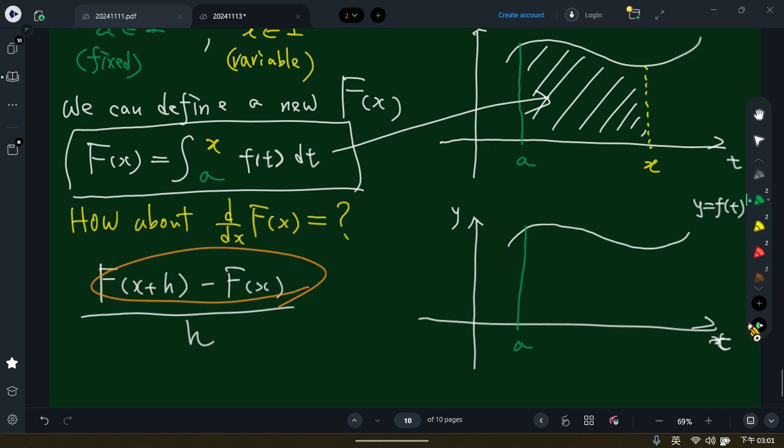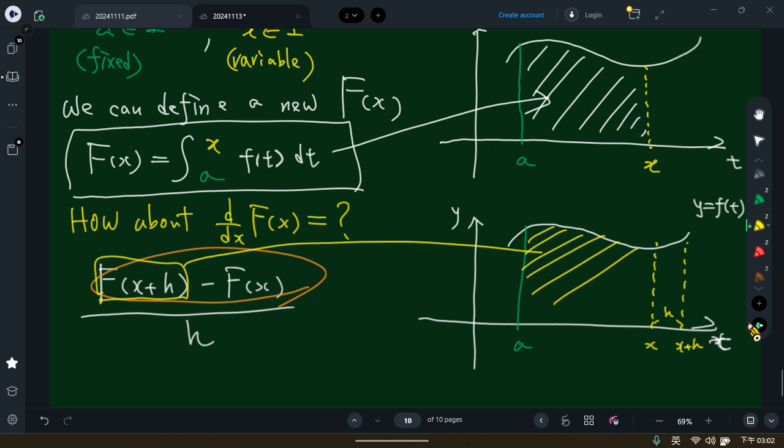So if we calculate f of x plus h, if x is here, suppose the x plus h should be here, right? With h distance. So if we want to take f of x plus h minus f of x, let me show you, maybe using a different color. Here is this one, right?